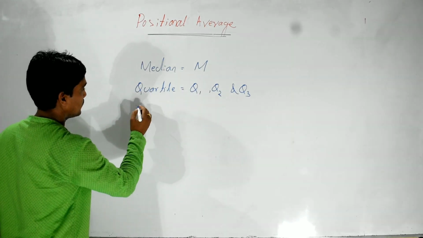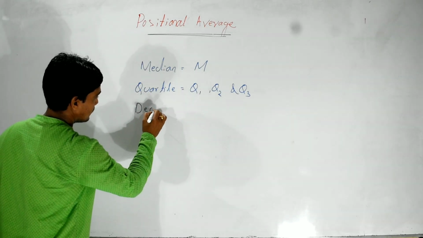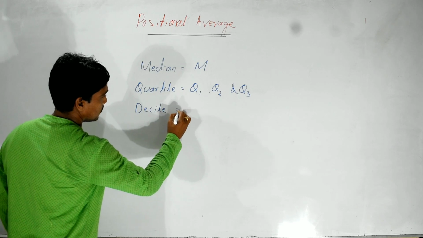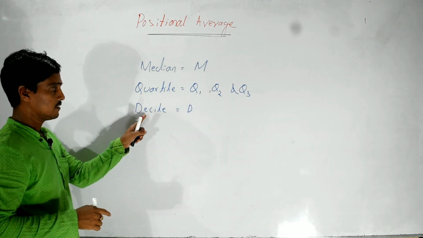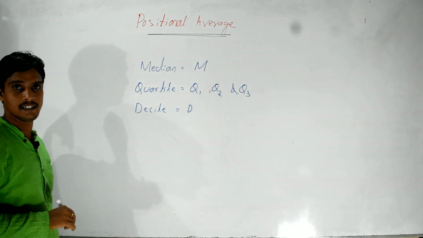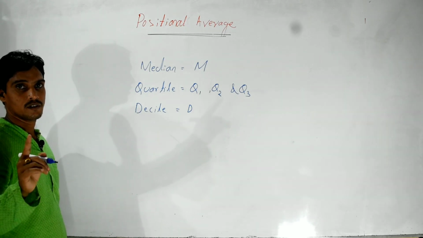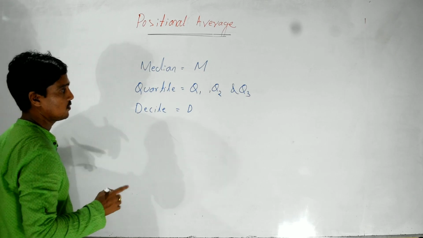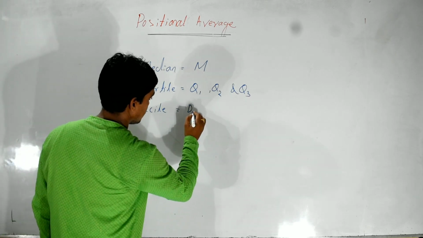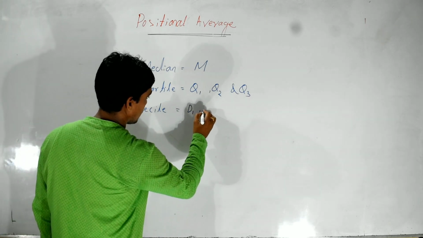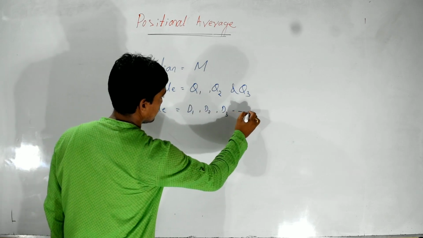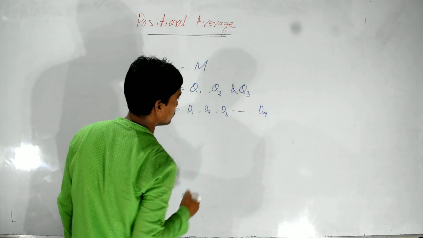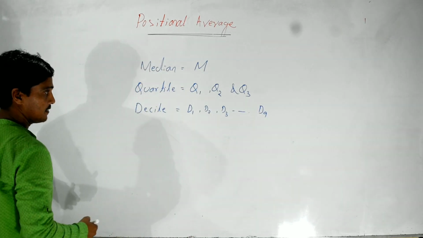For decile, we use D, as decile divides the series into 10 equal parts, so there are 9 deciles, that is D1, D2, D3 up to D9.